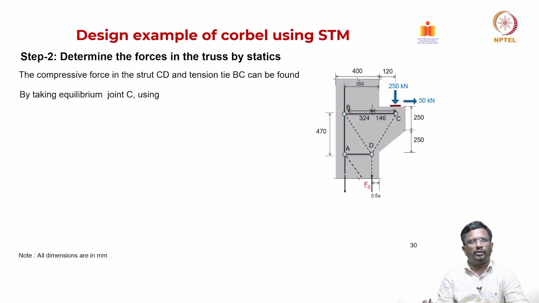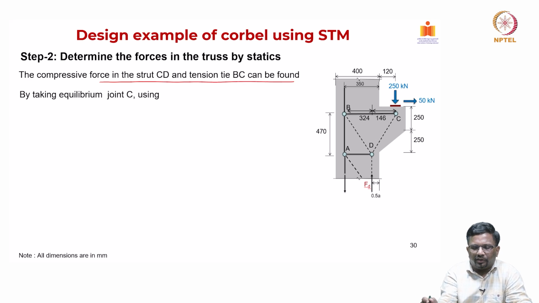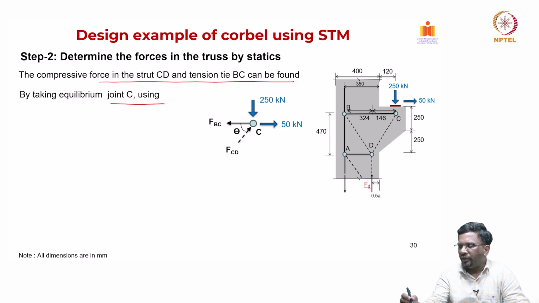Okay. Now, how do we do that? For example, I can take these things in a clever way. The compressive force in the strut CD and tension tie BC can be found by taking equilibrium on the joint C. So, let us look at now joint C. I have a compressive strut, which is this FCD, and then I have externally, just like your truss analysis in steel, we are going to transfer the forces to act on these nodes.